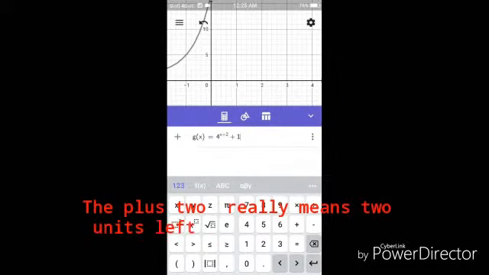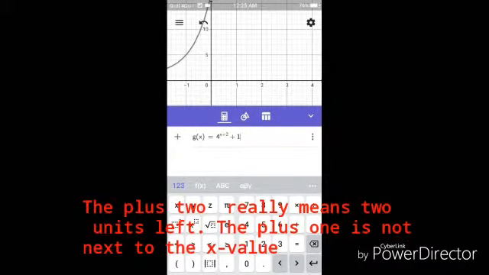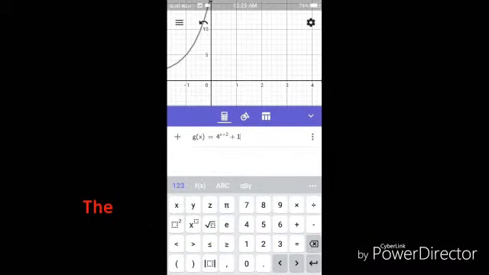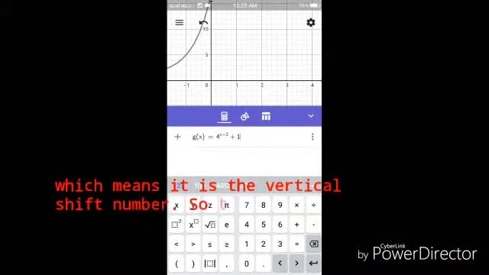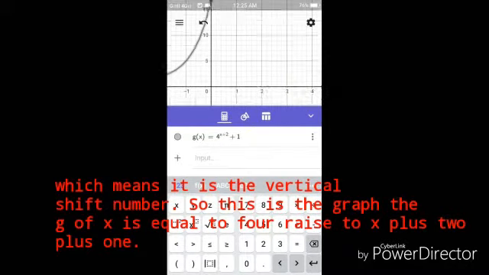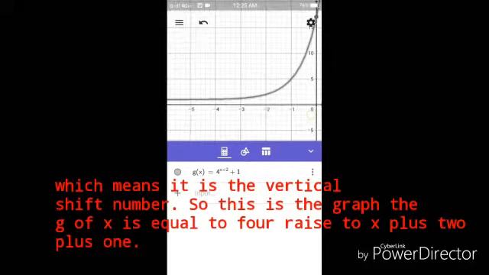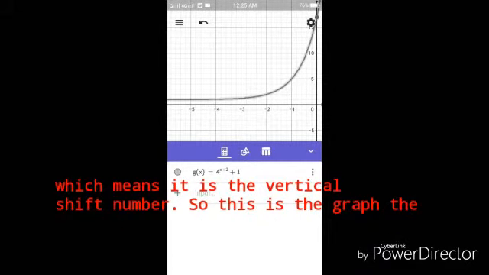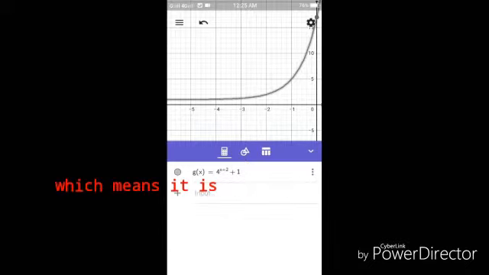The plus 2 really means 2 units left. The plus 1 is not next to the x value, which means it is the vertical shift number. So this is the graph of g of x is equal to 4 raised to x plus 2 plus 1.